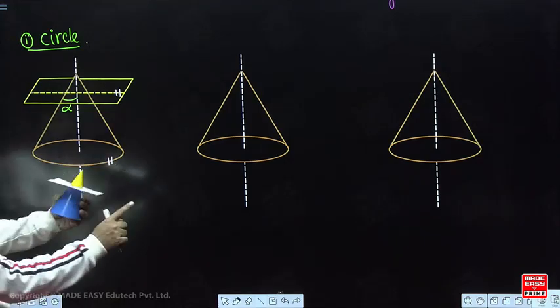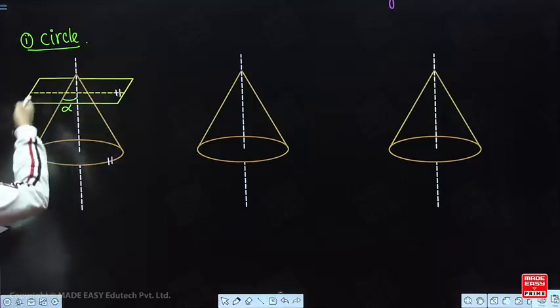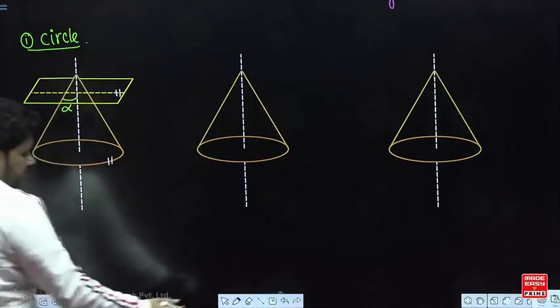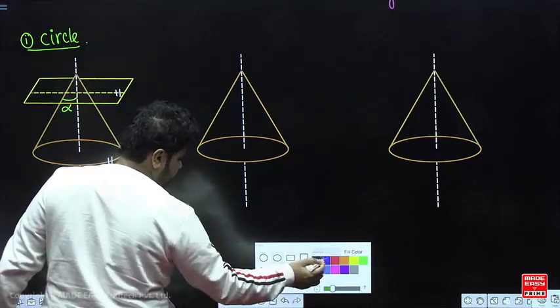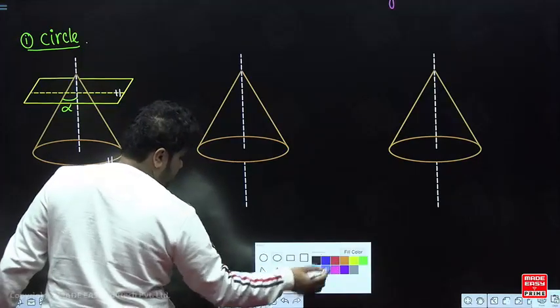First you draw the line. This line is parallel to the base. Now you complete the plane, right. So what is the shape you are going to get?